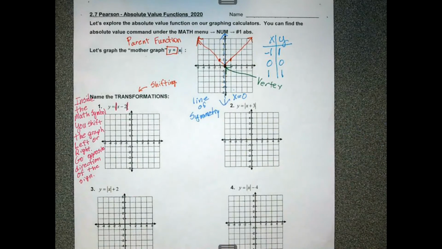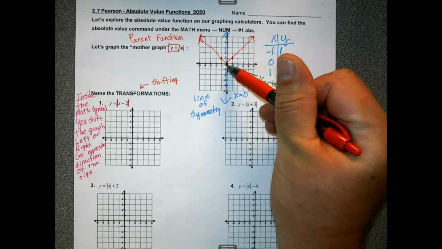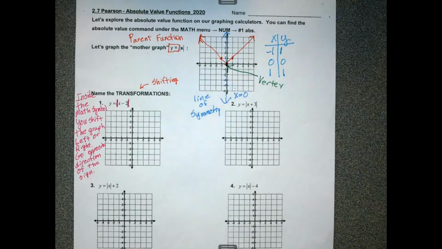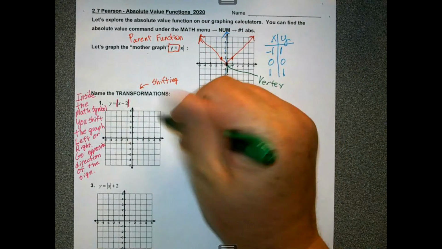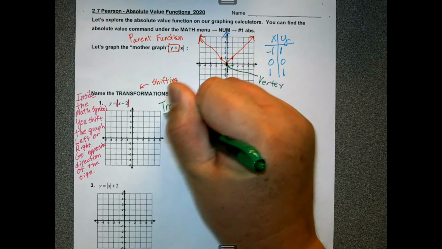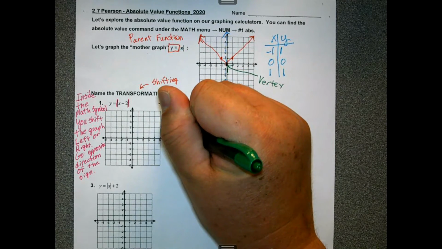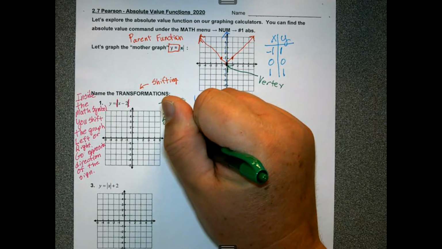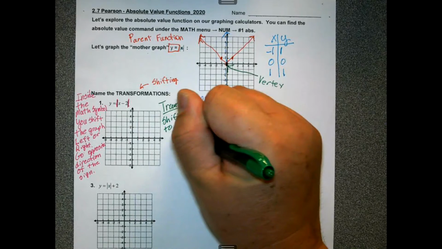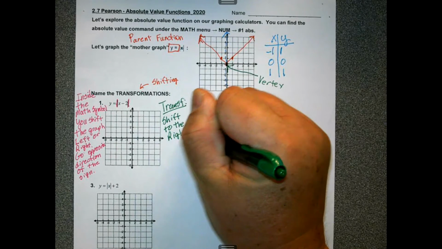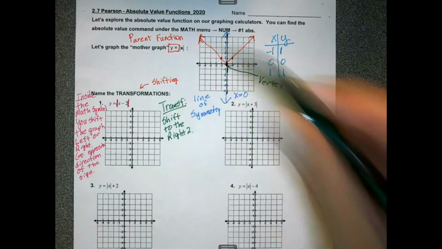So our vertex from the parent function, we're going to shift it. Our transformation is that we're going to shift our graph to the right 2 because that's opposite the minus.